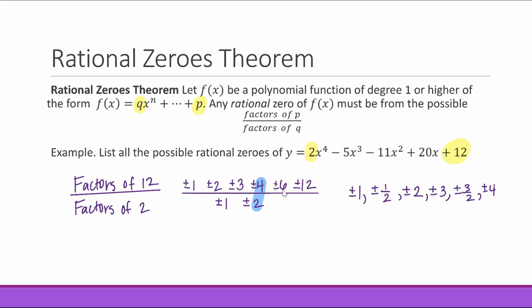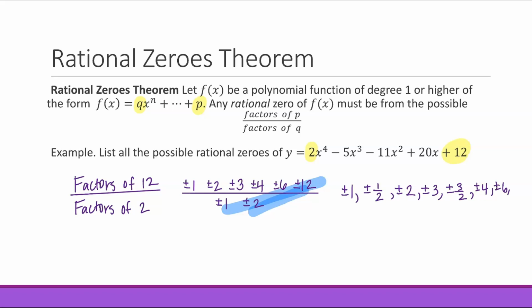And then we have 6 divided by 1, 6 divided by 2. 6 divided by 1 is 6, 6 divided by 2 is 3, that's already on the list. And then finally we have 12, 12 divided by 1, 12 divided by 2, so the only new one there on the list is going to be 12. So move that over a little bit, plus or minus 12.